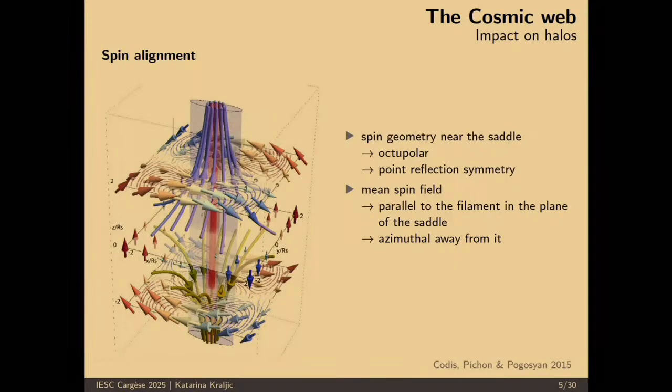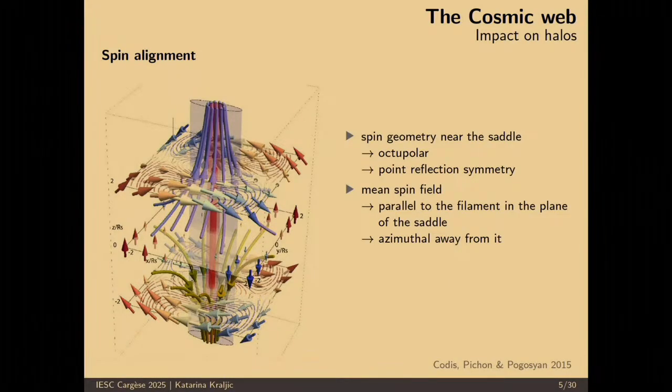Remember, at the linear level, tidal torque theory tells you that the angular momentum is proportional to the misalignment between the inertia tensor and the tidal tensor from the surrounding material. And here, the presence of the large-scale structure will induce this preferred direction, which will turn out eventually to be a preferred direction of the angular momentum.